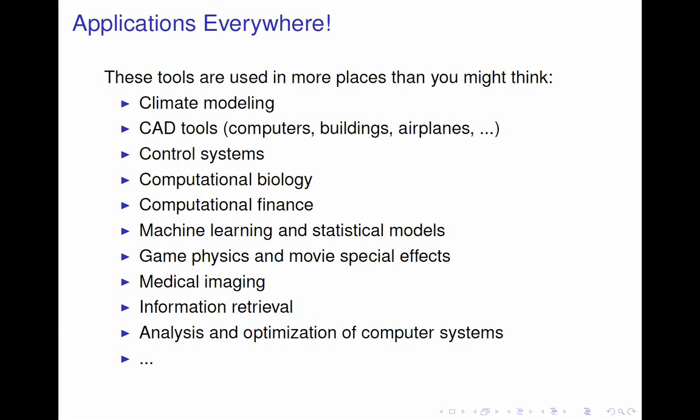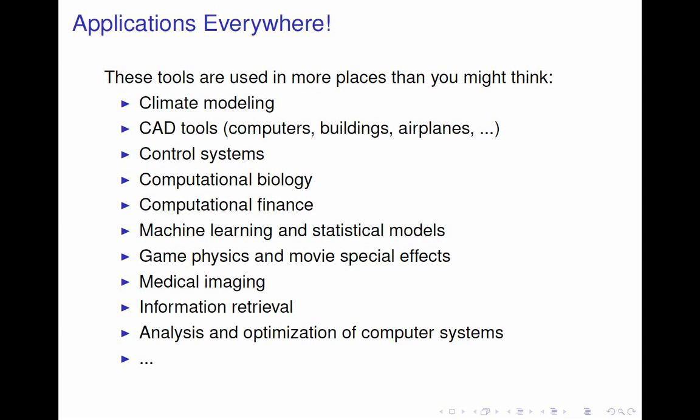And I want to drive this home in particular if you happen to be a computer science student. Because despite the fact that a lot of computer science is about discrete mathematics, there's applications of continuous mathematics everywhere in computer science as well.